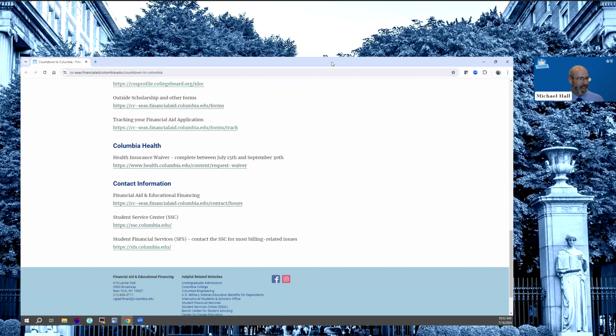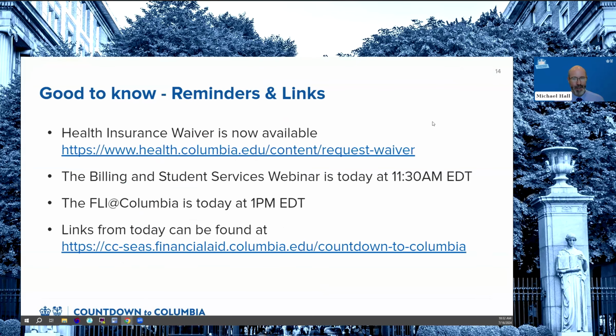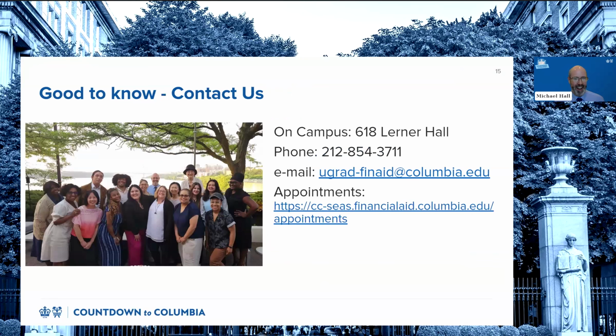Speaking of our office's contact information, here it is as well. If you're on campus, we are in 618 Lerner Hall, which is the building with the bookstore right on Broadway. There's our office phone number, email, and a link for appointments.